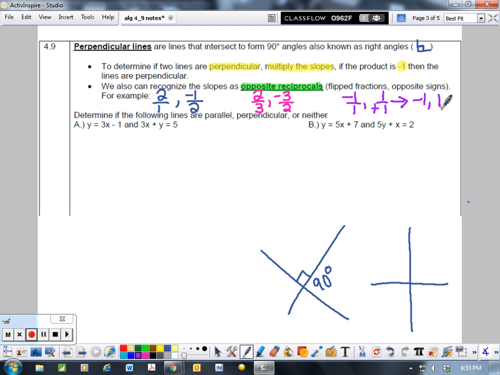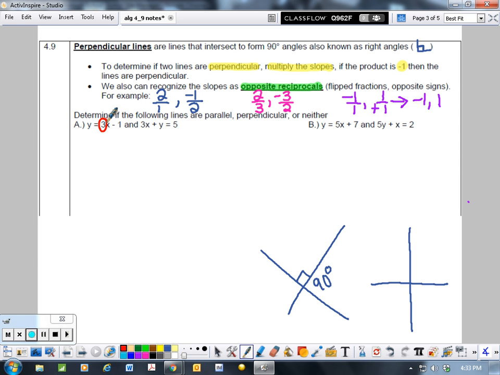Okay, so now that we have a whole other idea, we've got perpendicular, we have parallel, now we have the ability to determine if any lines are parallel, perpendicular, or none of the above. So if I look at my first question here, y equals 3x minus 1. So I'm looking at my slope here, 3.